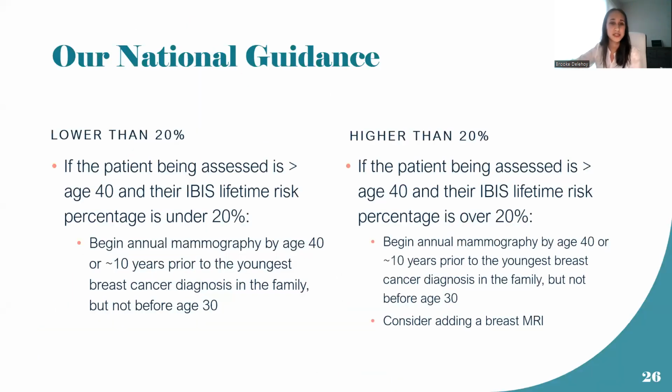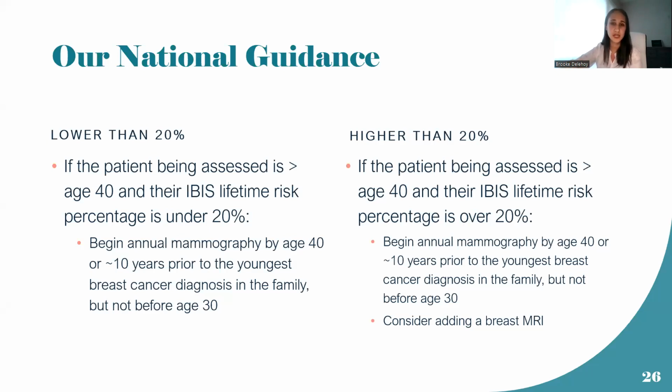Our national guidance is that if a risk percentage is determined to be lower than 20%, and the patient being assessed is over the age of 40, annual mammography screening should be initiated by the age of 40, or about 10 years prior to the youngest breast cancer diagnosis in the family. But we make sure to not initiate mammography screening before age 30.